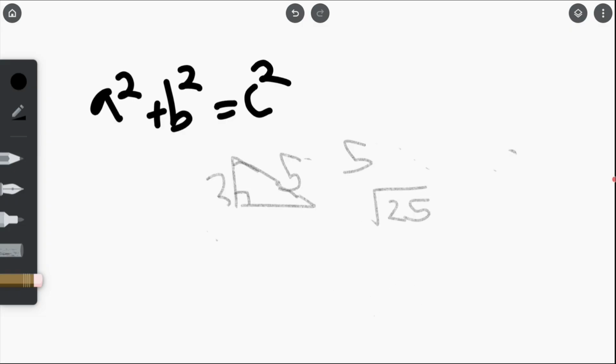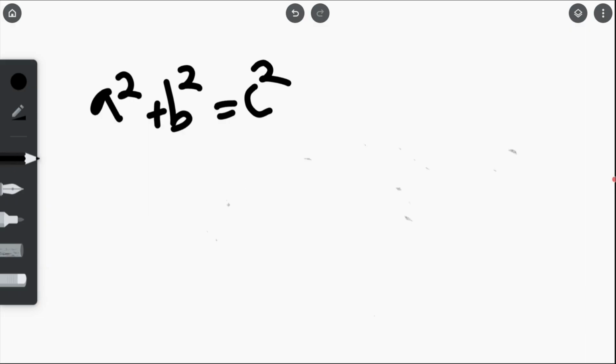That basically gets you the hypotenuse, but it isn't always the hypotenuse that's missing. Sometimes it's some other side. I'm just going to erase this and draw a new right triangle. It's going to be like this.